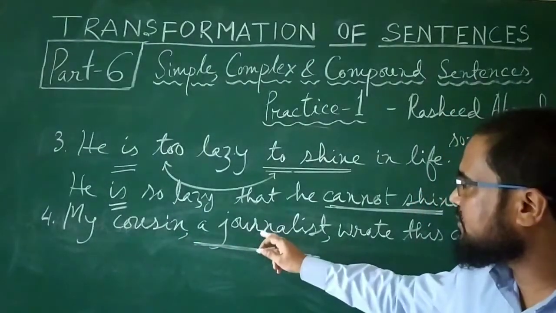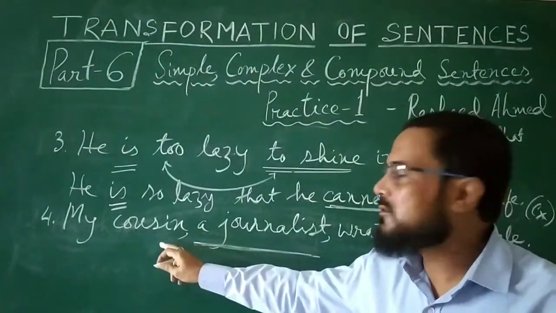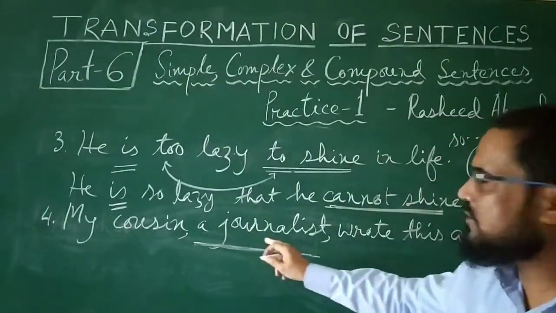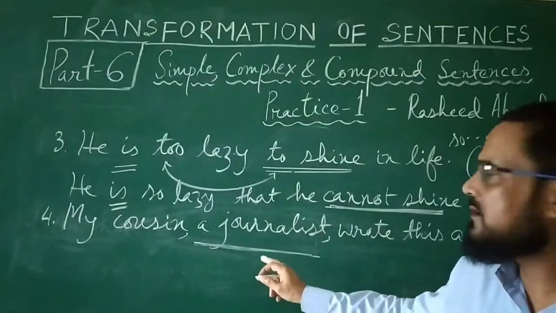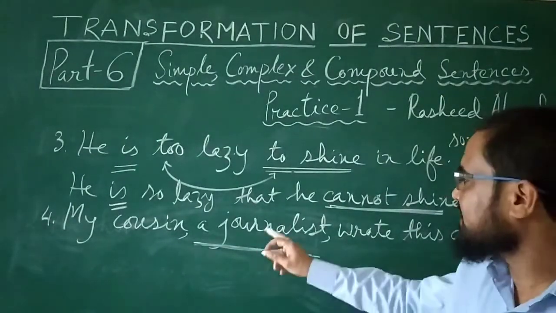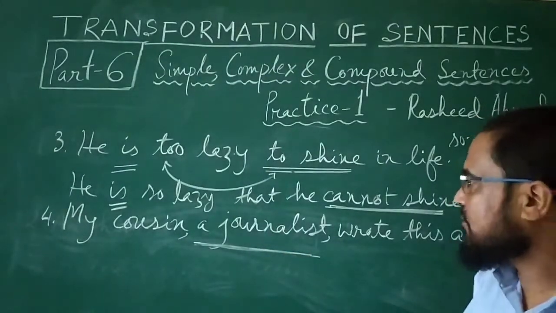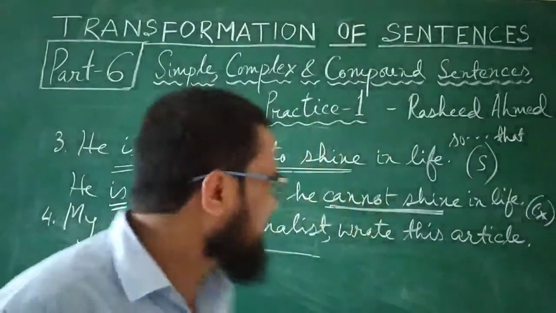This kind of using of a noun to describe another noun is called noun in apposition. A journalist in this sentence, this phrase is noun in apposition. So, how to make it complex then?